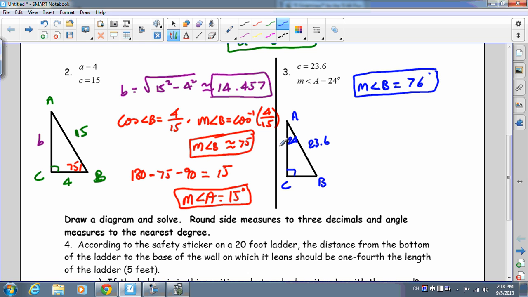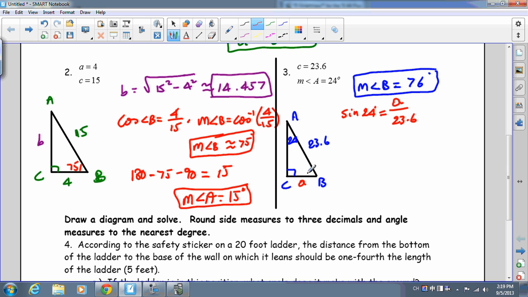From here, you cannot use the Pythagorean theorem because you're missing two sides. Instead, let's call this one for now lowercase a. If I'm looking for a trig function that connects the hypotenuse to this lowercase a, which is the opposite of 24, I will use the sine of 24 degrees is equal to the opposite, which is a, over the hypotenuse, which is 23.6.